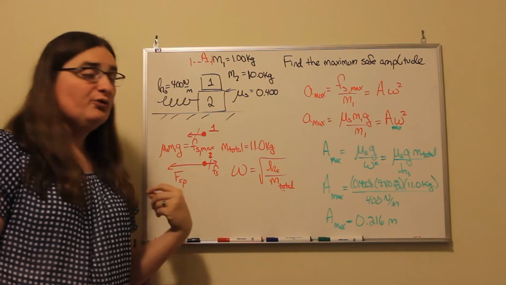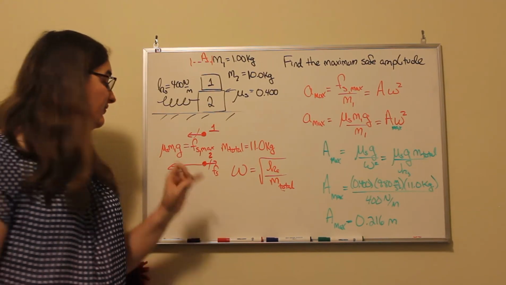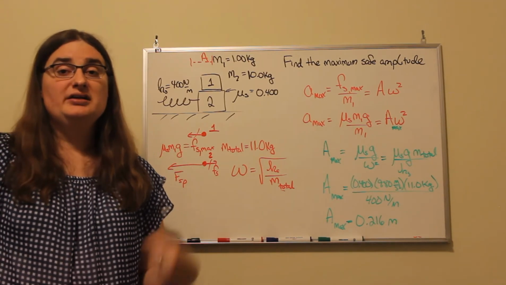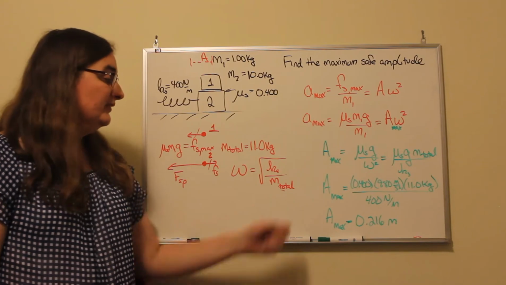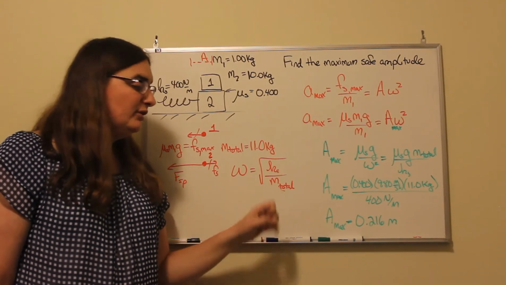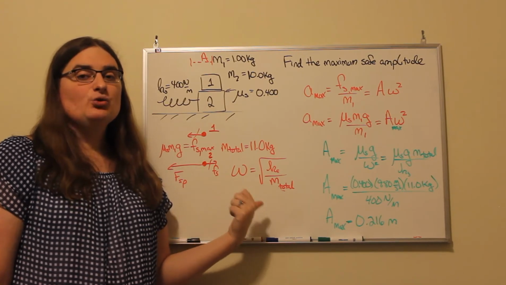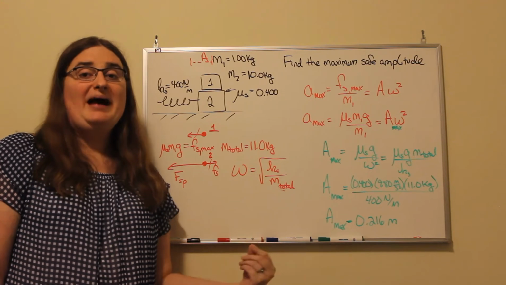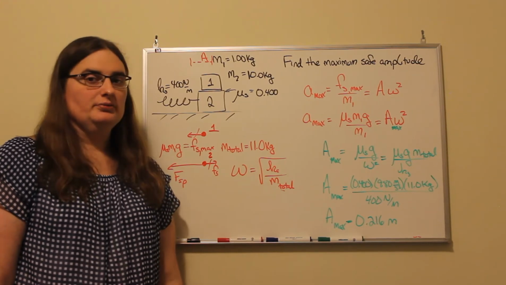So our maximum force of static friction we're going to deal with is going to be the coefficient of static friction times mass 1 times the strength of gravity. And as they're stuck together, we would expect a natural frequency omega that would be the square root of the spring constant divided by the total mass that's going to be in motion.